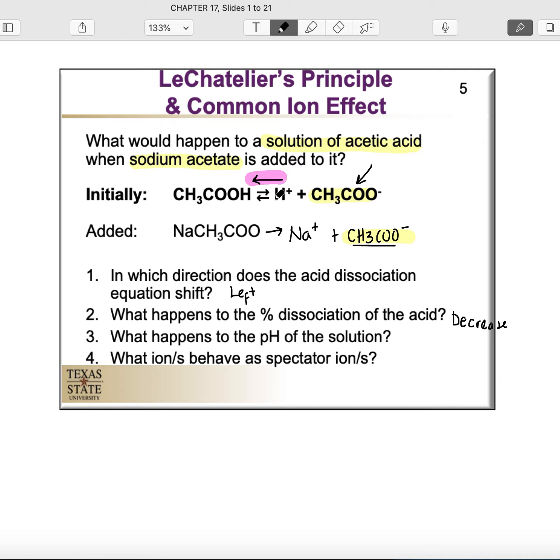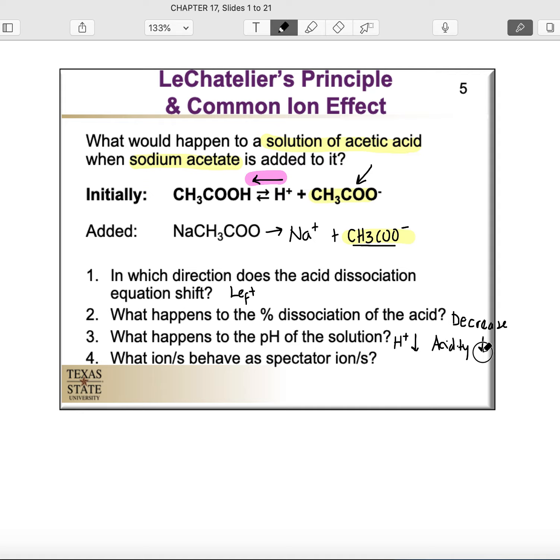A shift toward the left means that the concentrations of the products are going to decrease, and instead the concentration of the reactants is going to increase. So because the hydrogen ion concentration is going to decrease, that is going to lead to a decrease in the acidity of the solution. So I'm going to write it like this: the acidity is going to decrease.